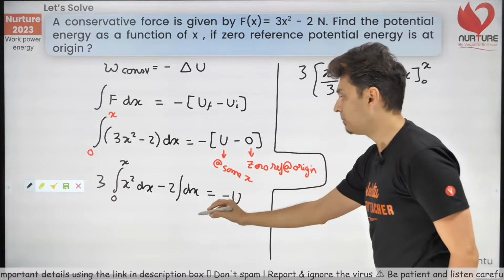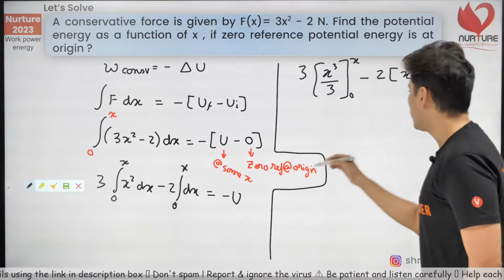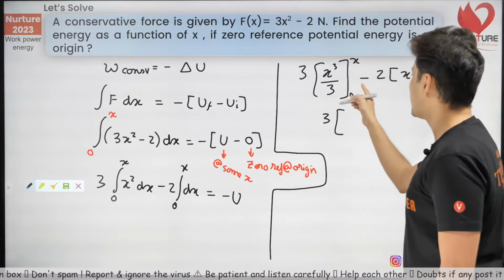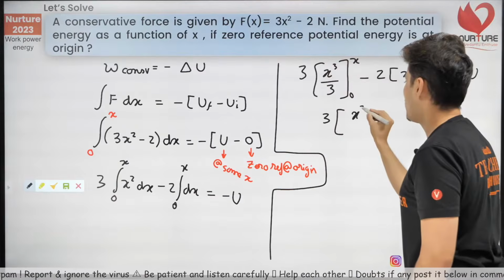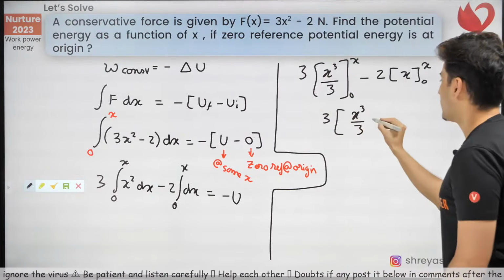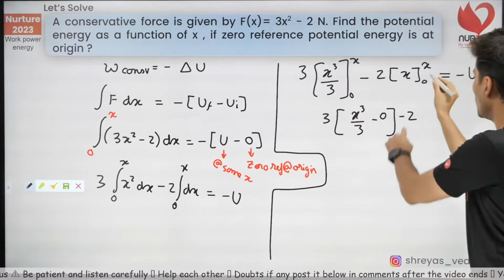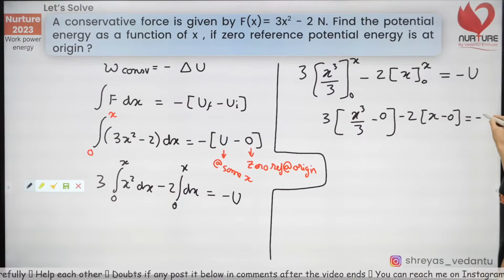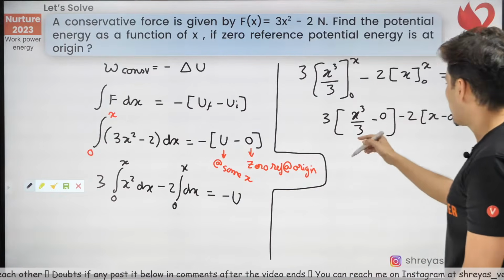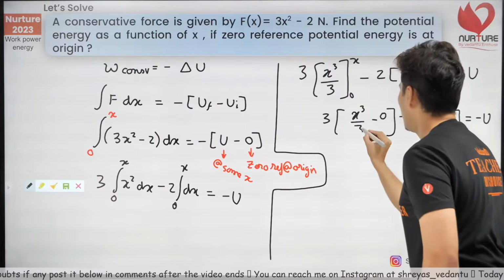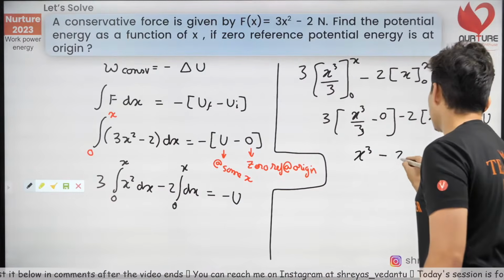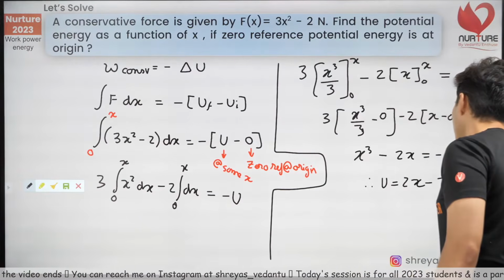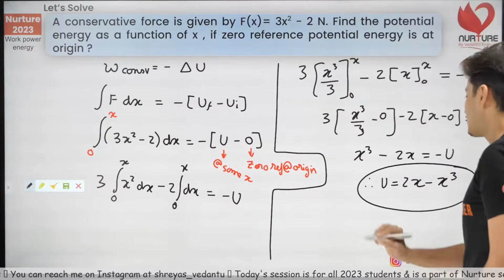And on the RHS, minus U. First substitute the value of x, then substitute the value of 0, which gives 0. Now what do you get? 3 by 3 will be 1, so it will be x cubed minus 2x is equal to minus U. Therefore, U is equal to 2x minus x cubed. That is the final answer.